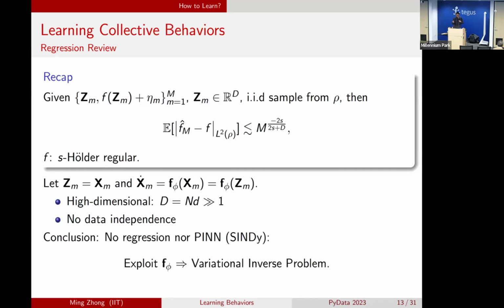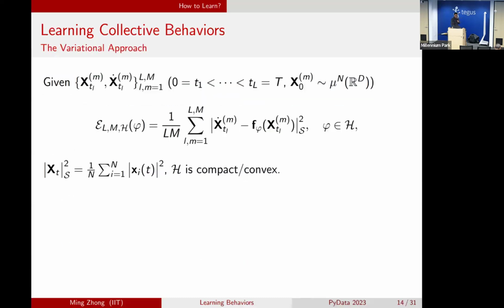So we need to go back and look at the right-hand side, because the right-hand side is not just any right-hand side, it is a special right-hand side. So with that, I'm going to assume not only do I have observation data of the trajectories that correspond to different times, I also have it correspond to different initial conditions. Then, like all the machine learning methods that we do, we design the loss.